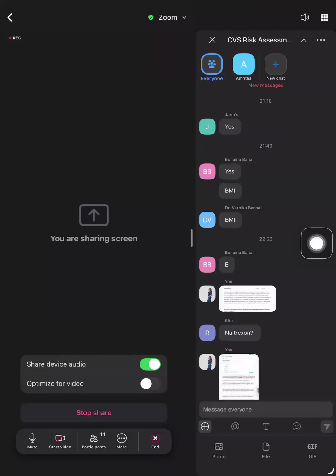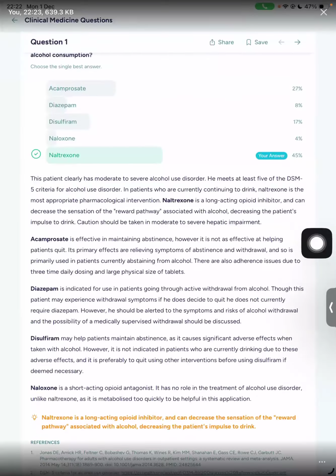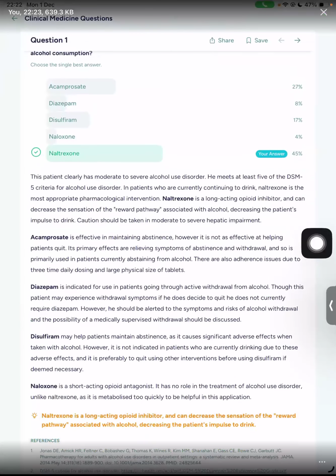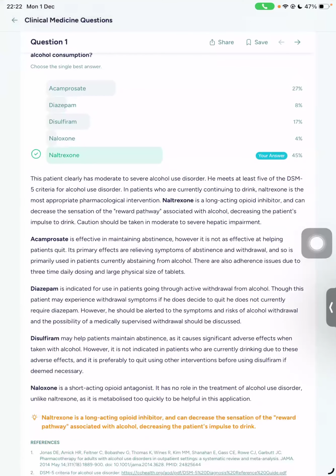Okay, let me share my screen again. This patient clearly has moderate to severe alcohol use disorder. He meets at least 5 of the DSM-5 criteria for alcohol use disorder.